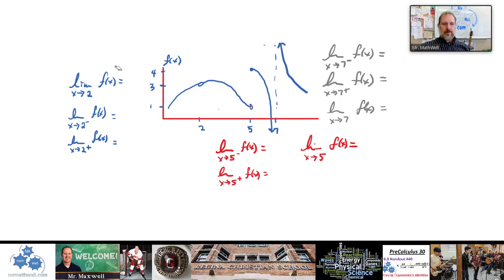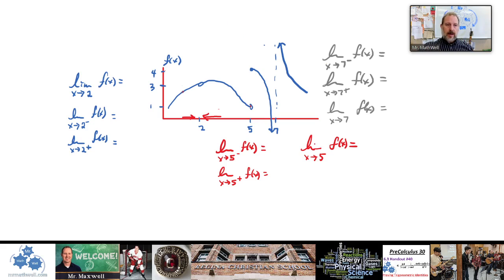So write this down if you don't have this associated with this graph. What's the limit of f of x as x approaches 2? Okay, well, as x approaches 2 from the left and from the right, I have to check to see if the graph that is responding to this approach is approaching a single limit.